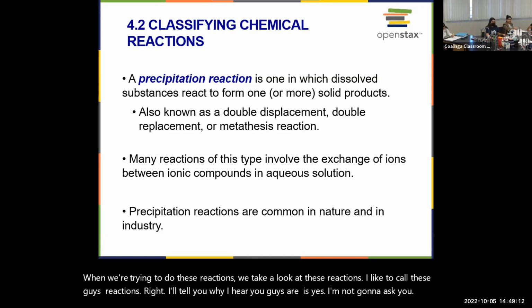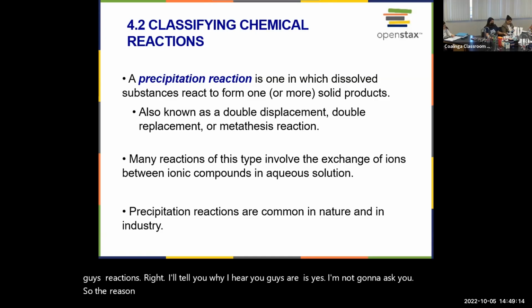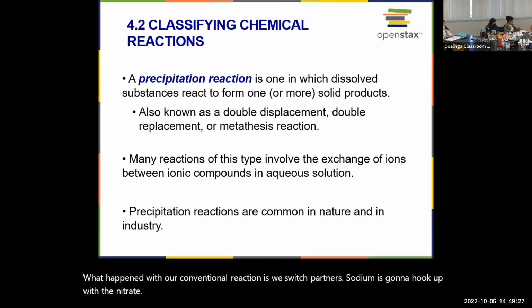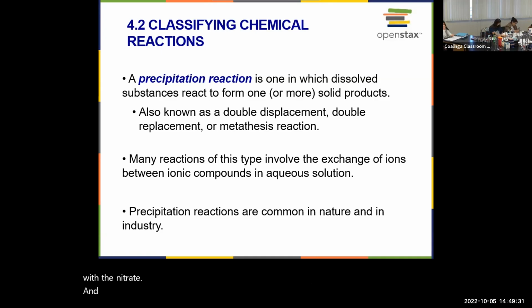The reason why I call it a swinger reaction is because what happens with our conventional reaction is we switch partners. Sodium is going to hook up with the nitrate, and hydroxide is going to hook up with the manganese. So in other words, you're switching partners.